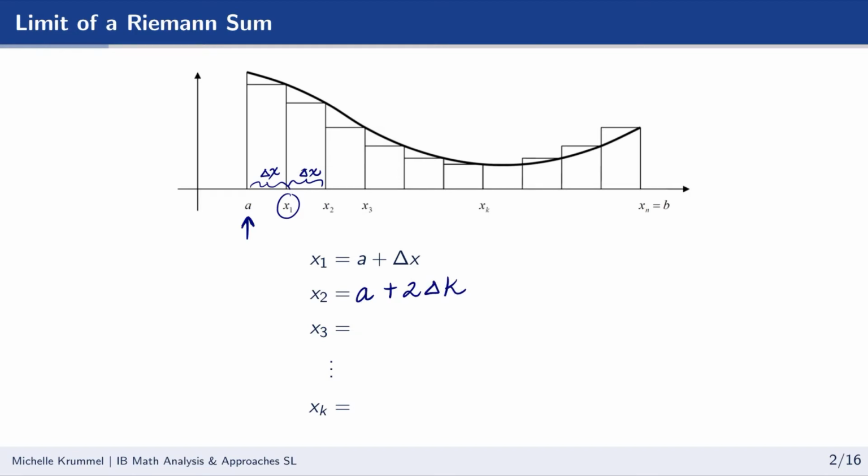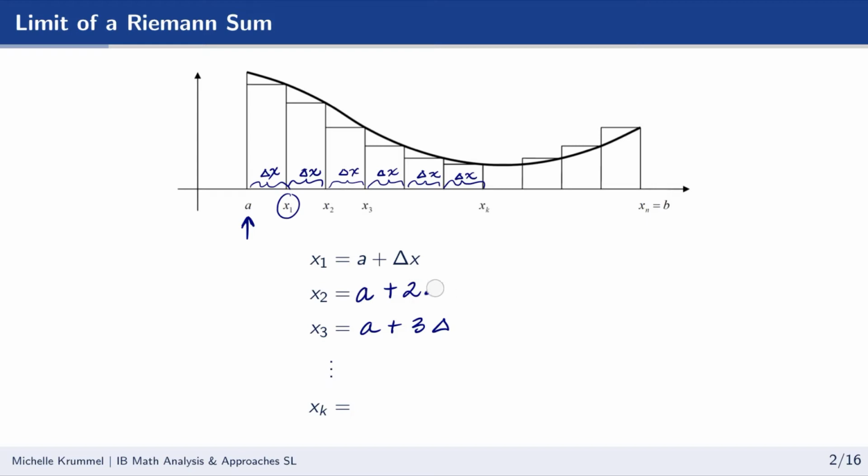If I want to get all the way out to the kth rectangle, then I have to add delta x a bunch of times. How many times? k times, to get to the right endpoint of the kth subinterval. So x sub 3 is just a plus 3 delta x. Oh, I did not write that correctly.